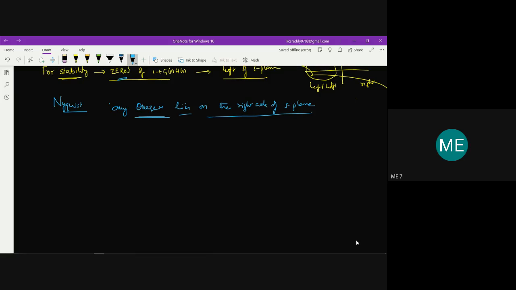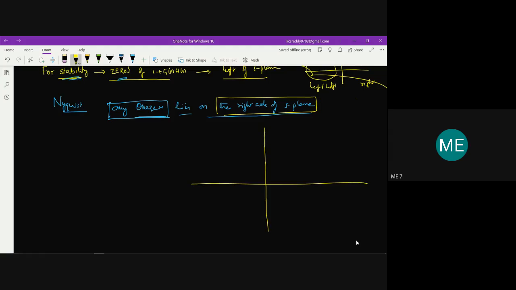Now, he has also suggested that the s path has to be encircled, because we are studying the right side of the s plane.